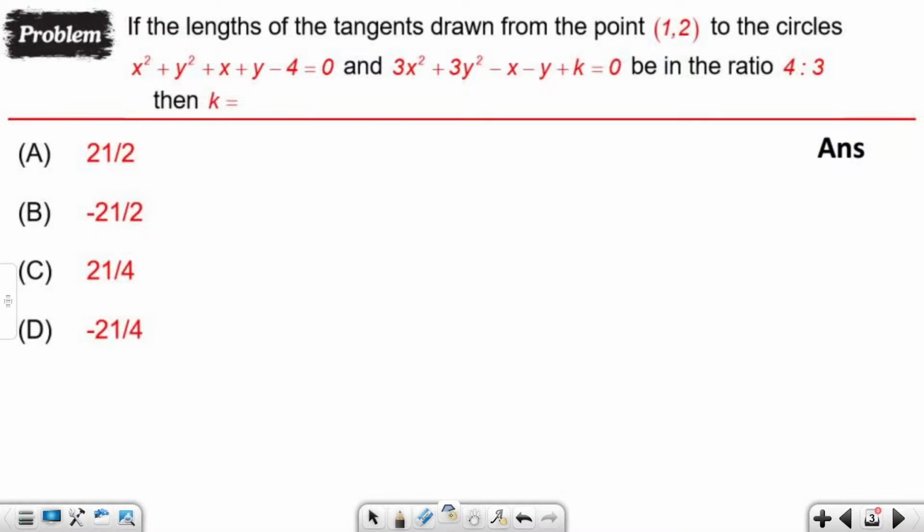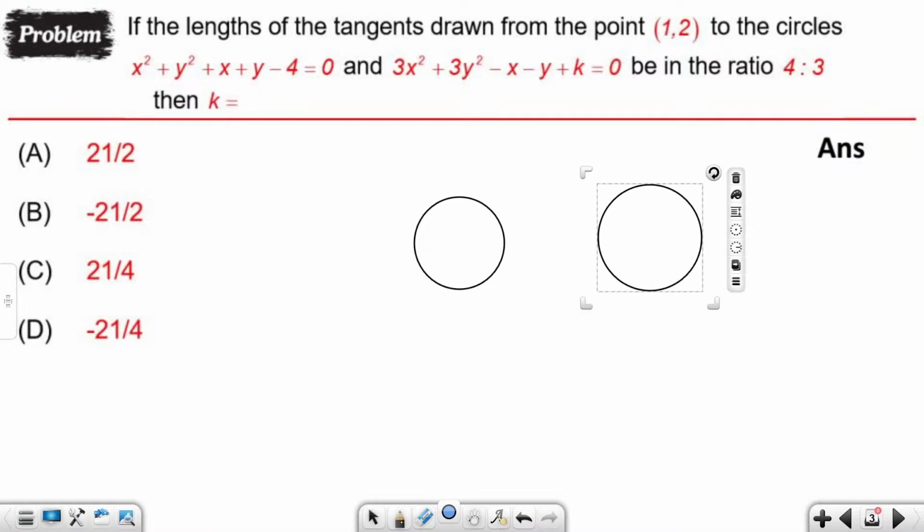So let me just draw the circles first. These are the two circles. One circle is here, the other one is here. Let us say there is a point somewhere here, and the point is (1, 2). Now, from this point I am drawing two tangents, one on the first circle, and the second one on the second circle.